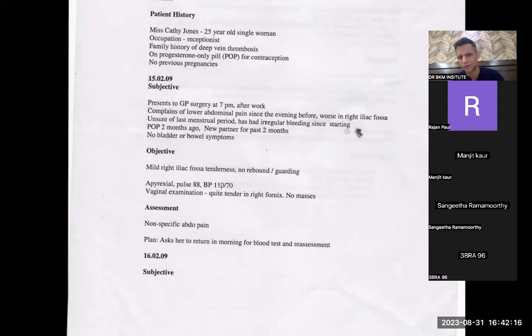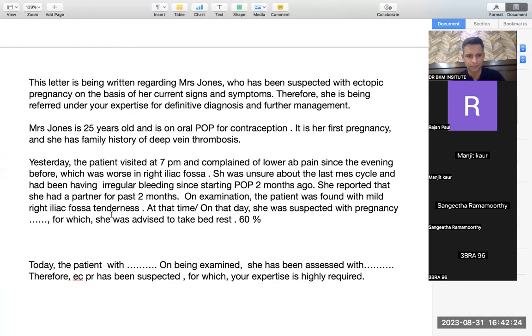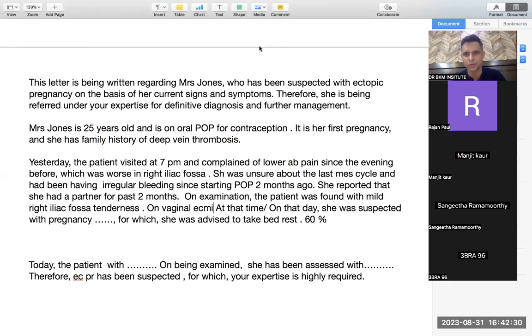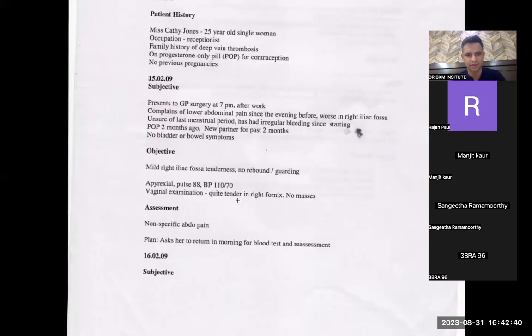Then apraxil, I don't want to mention this. Vaginal examination showed quite tenderness in the right fornix. So on vaginal examination, again, what I need to do is only grammar. On vaginal examination, what was that?